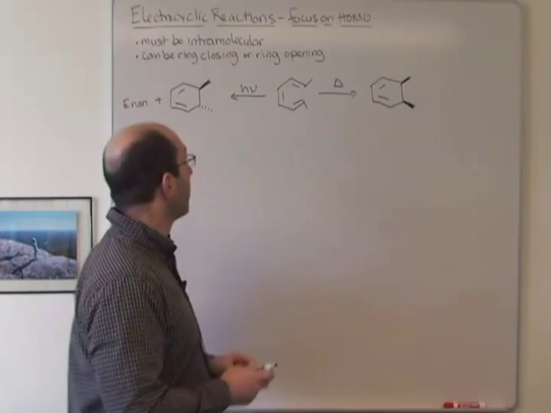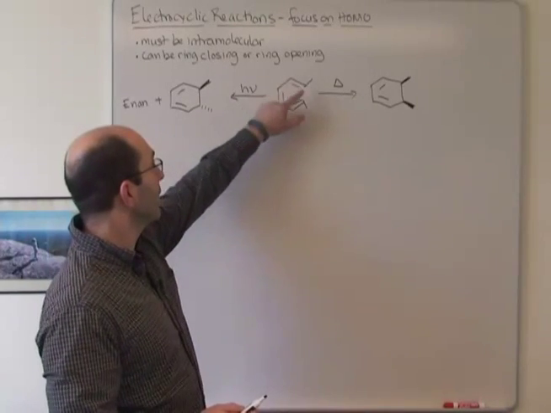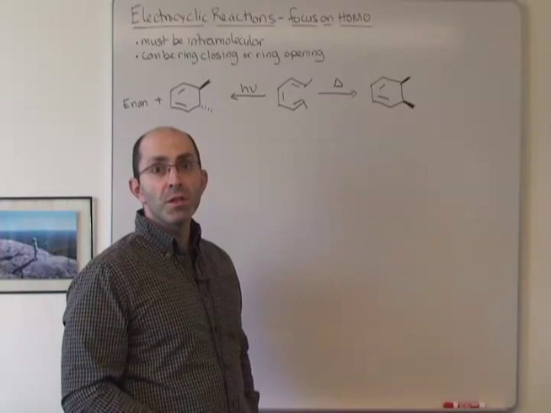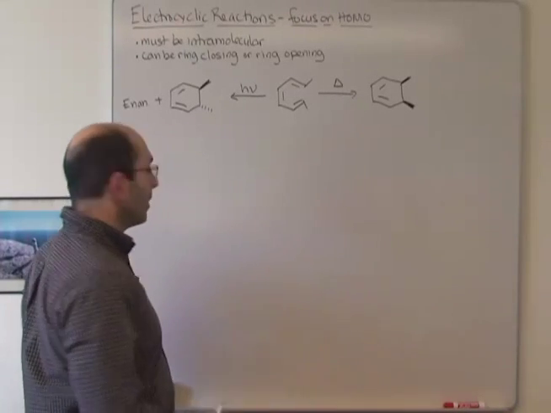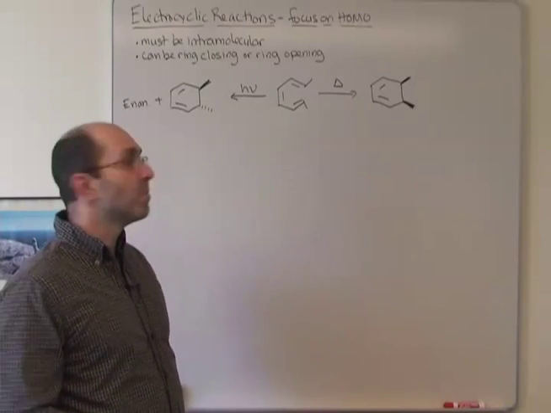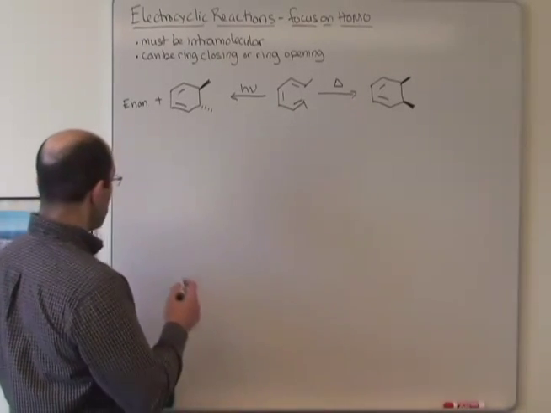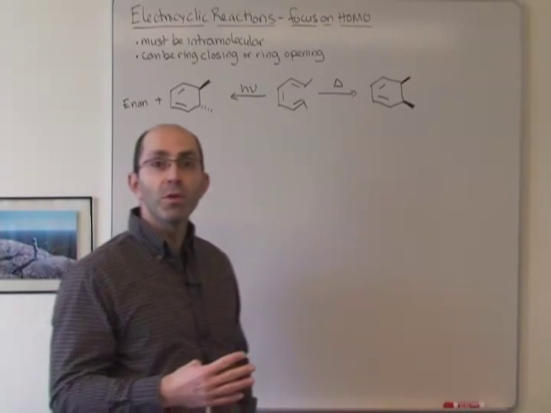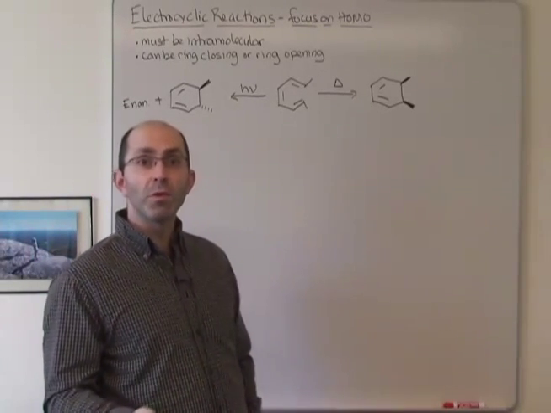We have a conjugated array of p orbitals, with a p orbital at 6 consecutive carbons. So we're looking at a 6 p orbital system, where we're going to combine 6 p orbitals to give us 6 molecular orbitals.